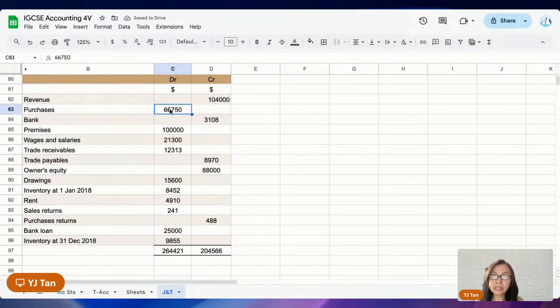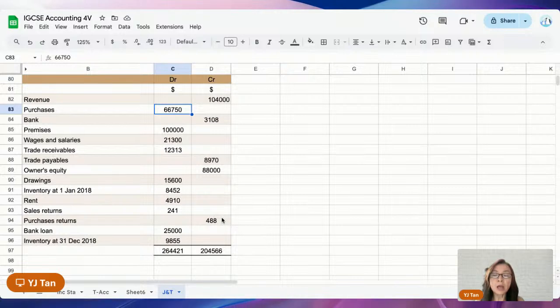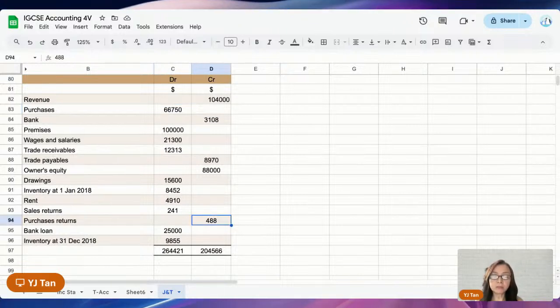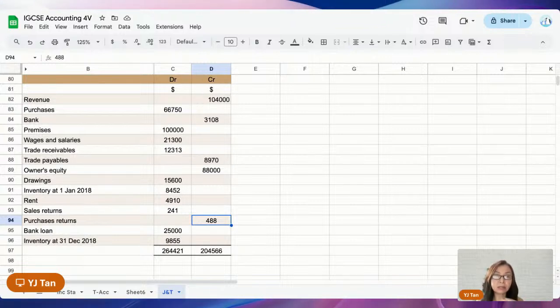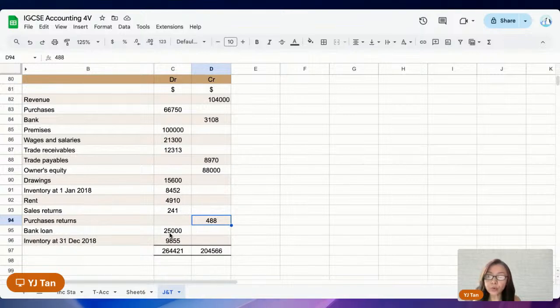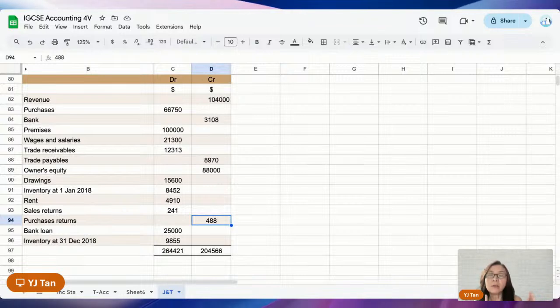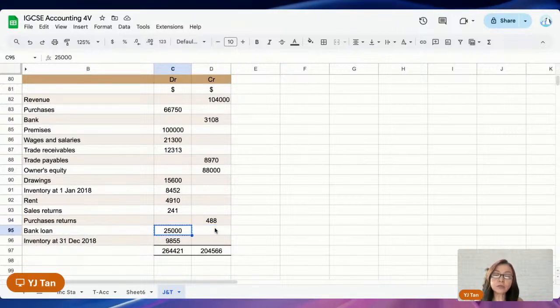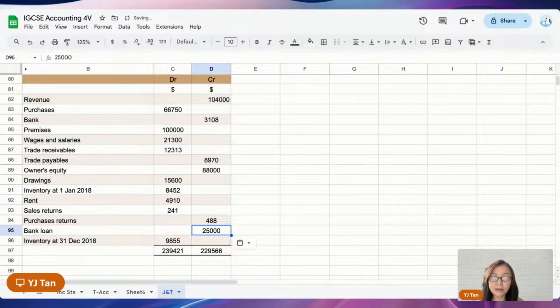So this relationship is originally 66,750, but there is some purchase return, which is a return to the supplier at 488. So that is the pair of it. All right. And then there is a bank loan. I repeat one more time, this is bank loan. When a loan happens, it is a liability. So liability, we have to move to the credit side, okay? All right, so that is the thing.